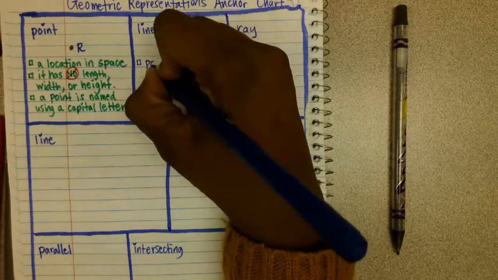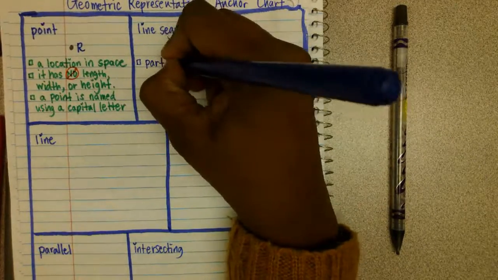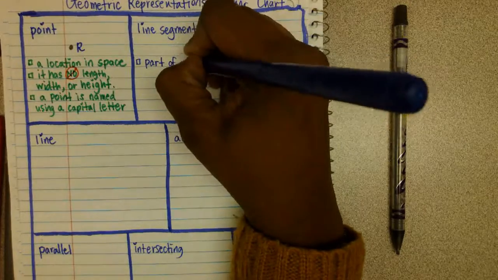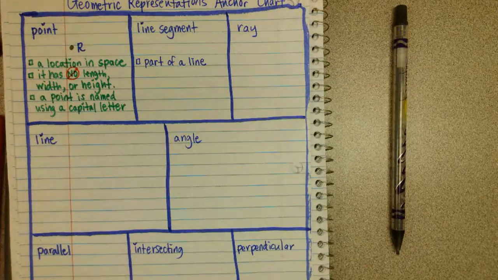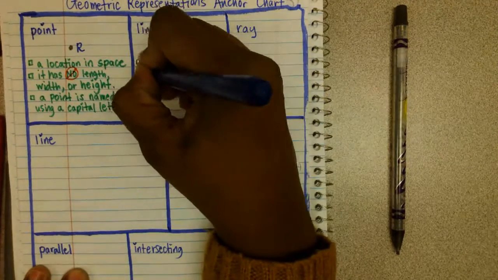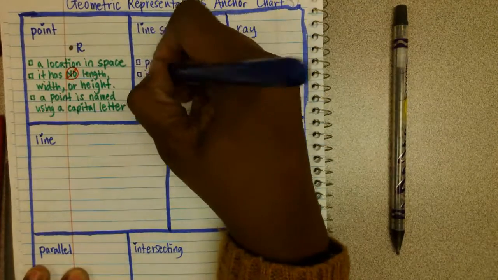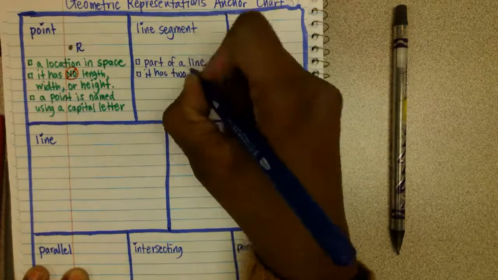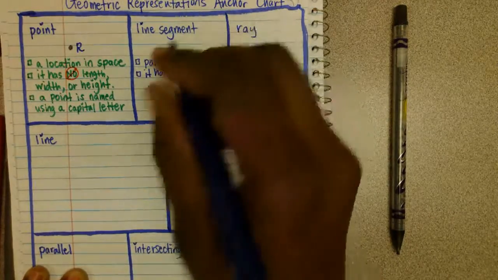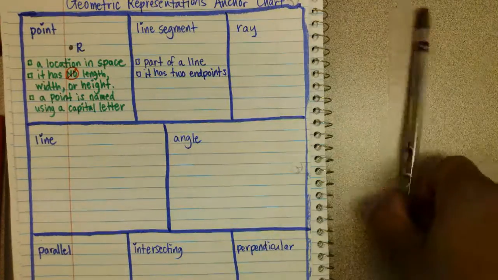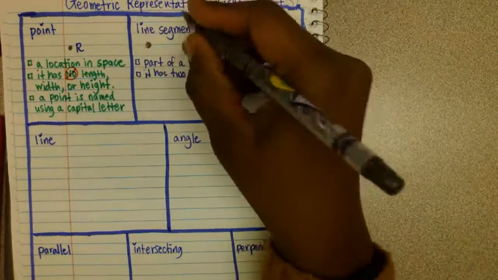It's part of a line. I want to notate that it has 2 endpoints. And then I'll draw.